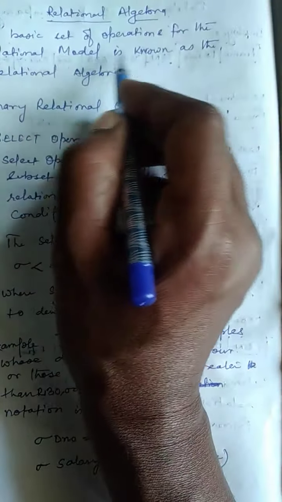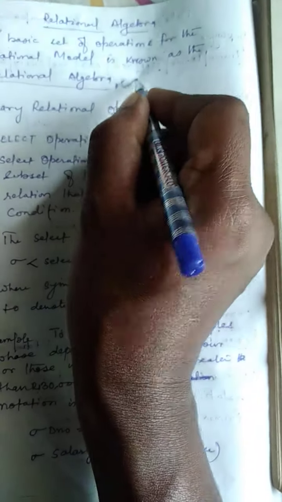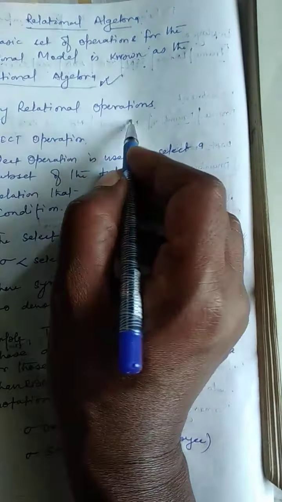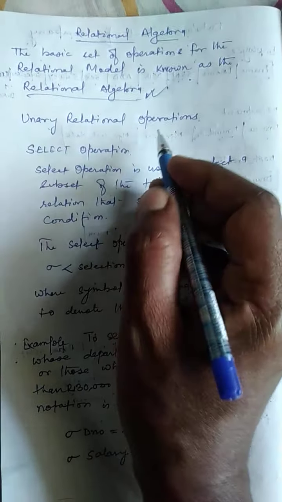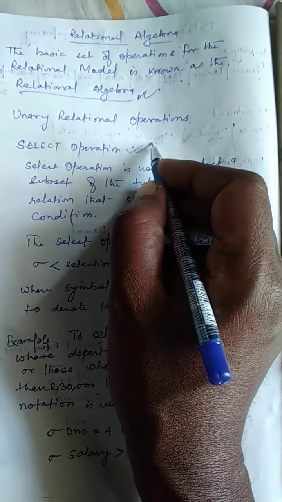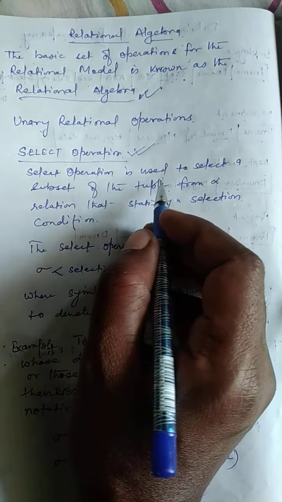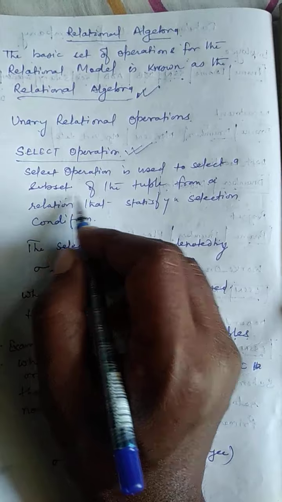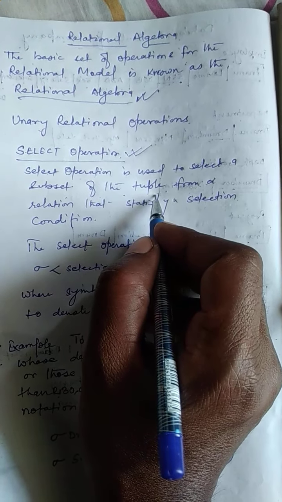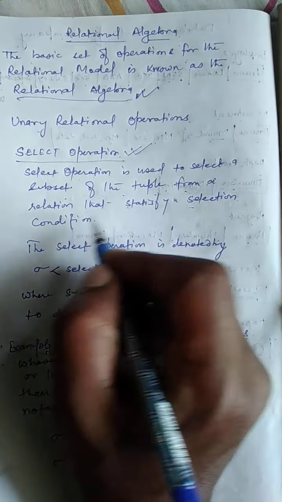Relational algebra. The basic set of operations for the relational model is known as relational algebra. The unary relational operation is the select operation. Select operation is used to select a subset of the tuples from a relation that satisfies a selection condition.